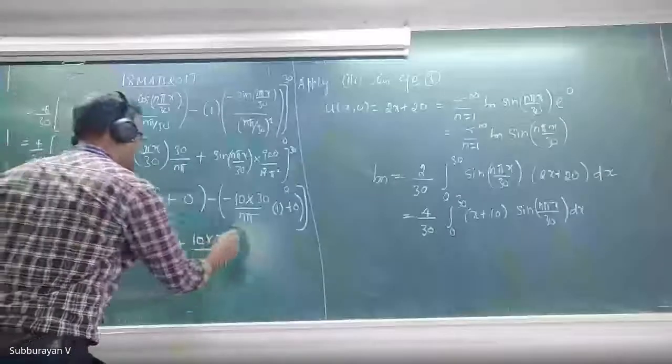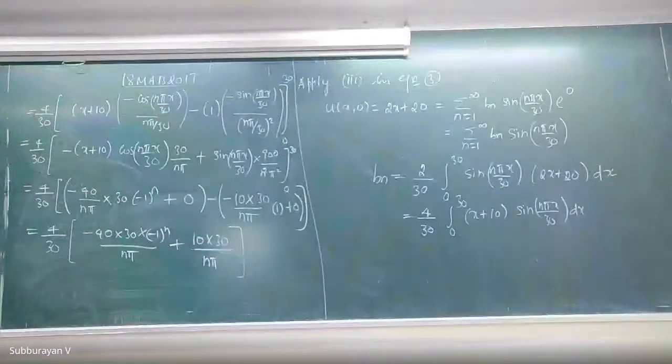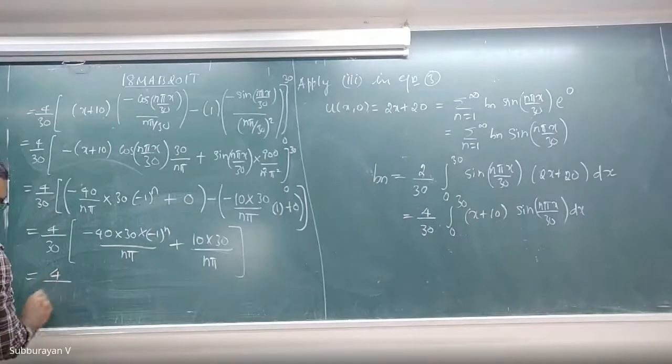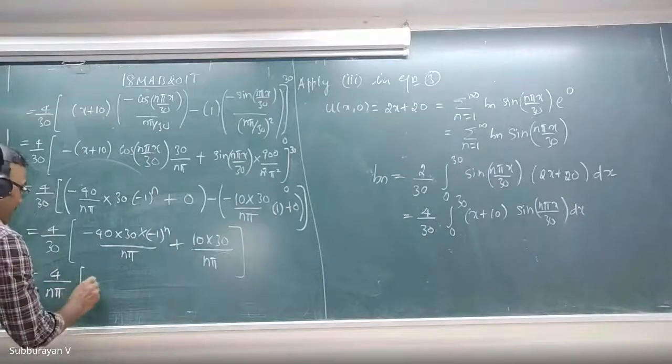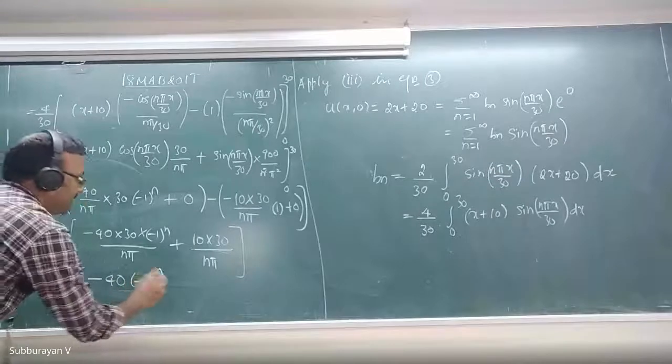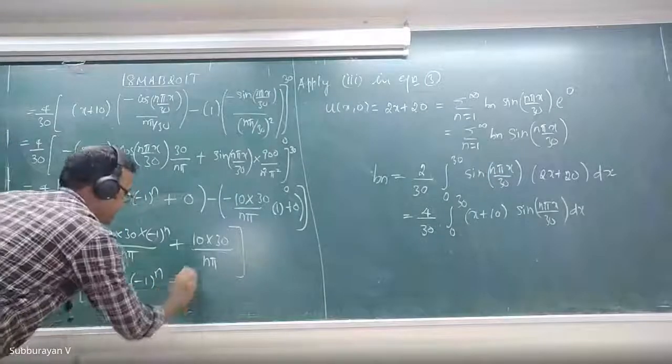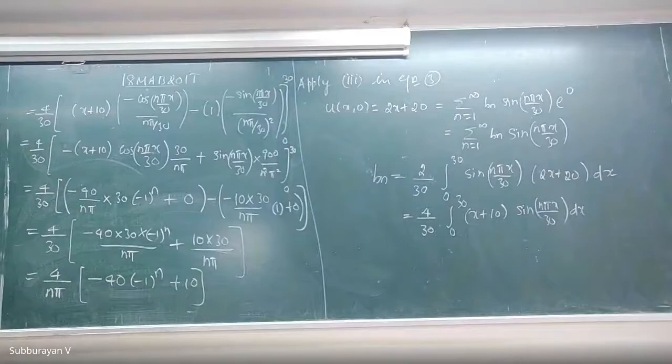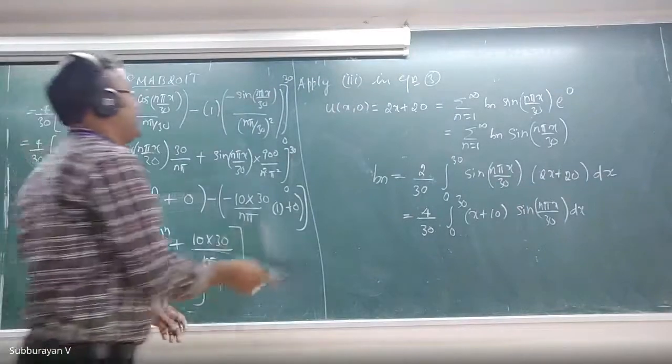No. Now we can cancel 30. What will I get here? 4 divided by n pi into minus 40 into minus 1 whole power n plus 10.